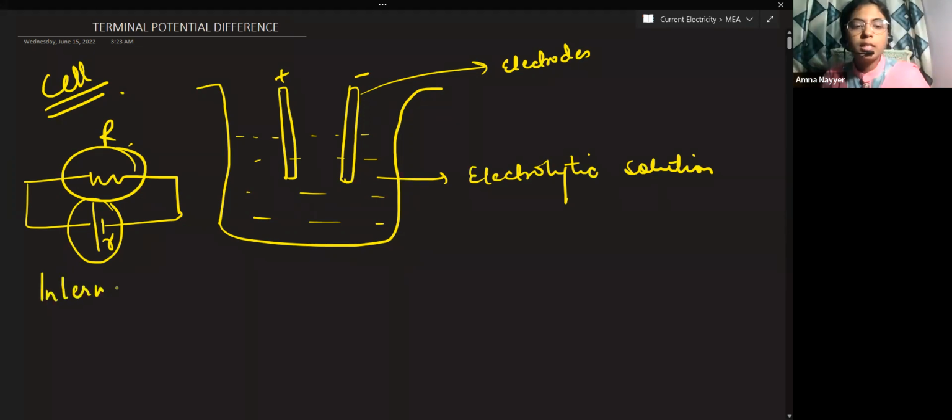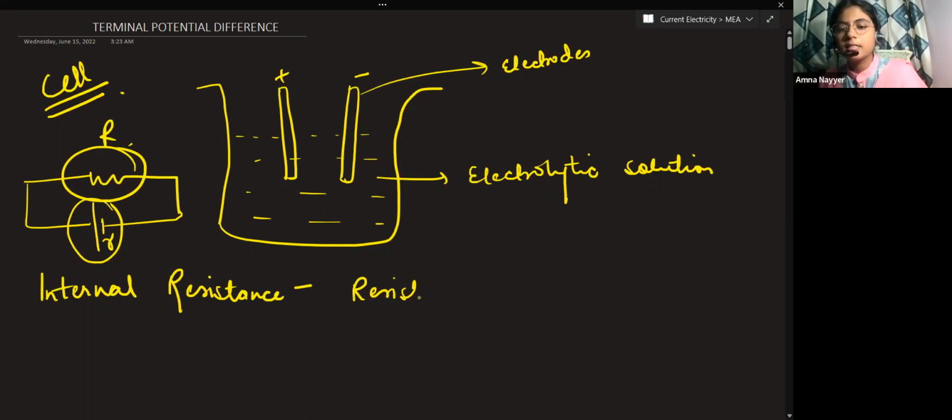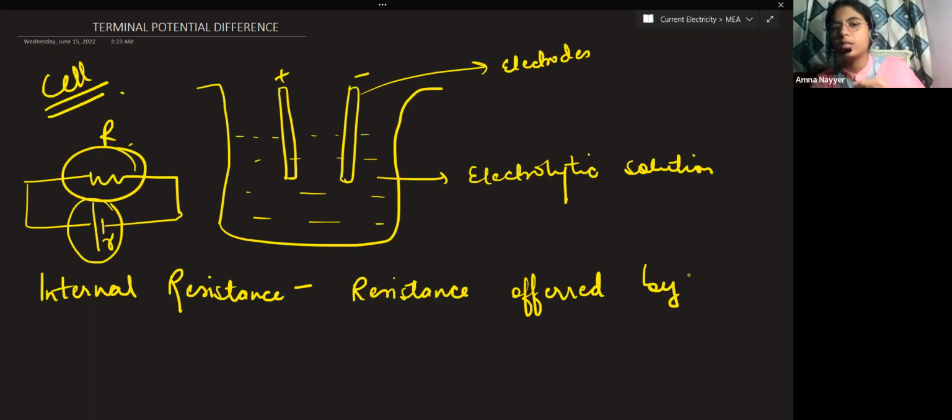So internal resistance is the resistance offered by, two things you have to remember. First one is the electrodes. Second one is the electrolytic solution.